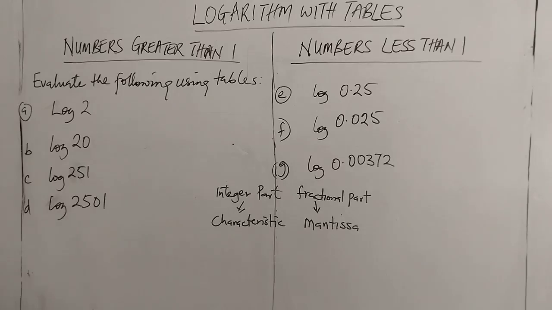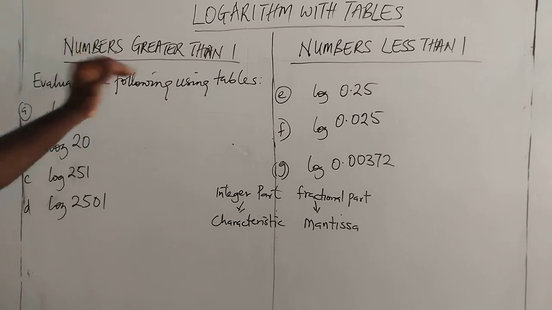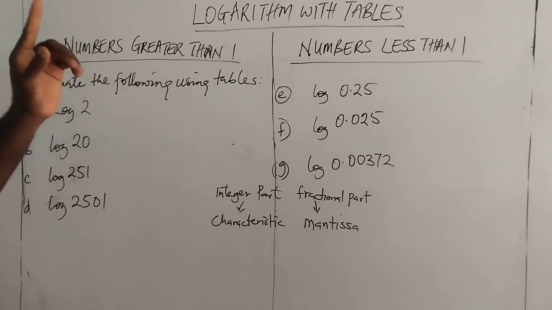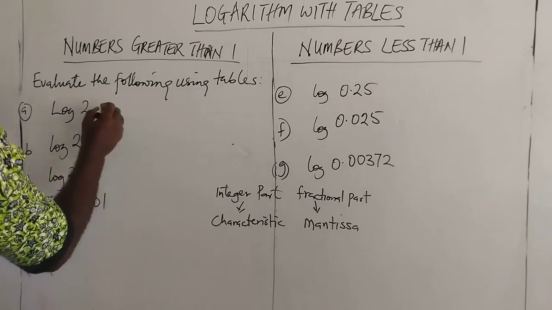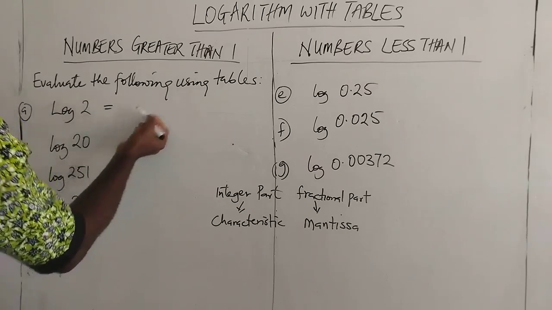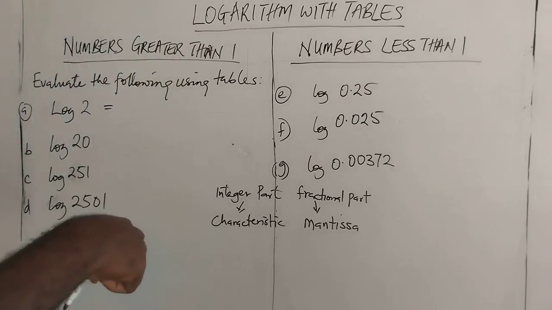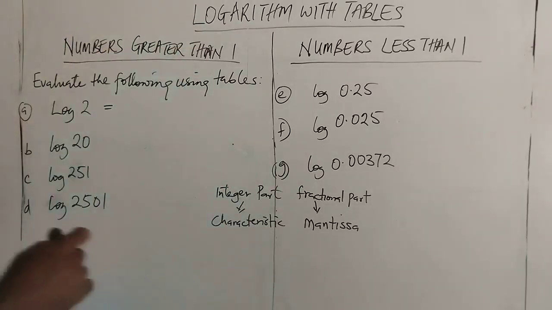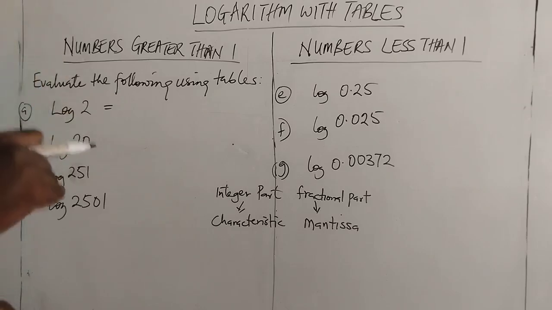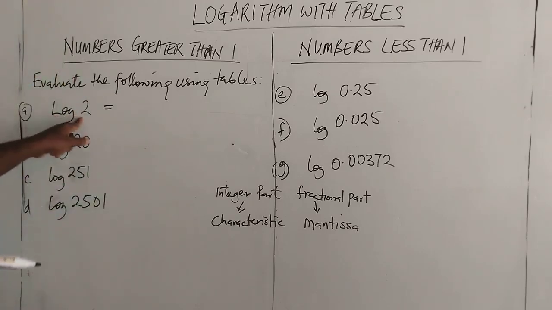For example, the first one, log 2. 2 is an integer and is only one digit. So the characteristic will be that number of digits minus 1. The characteristic is always 1 less than the number of digits in that number.